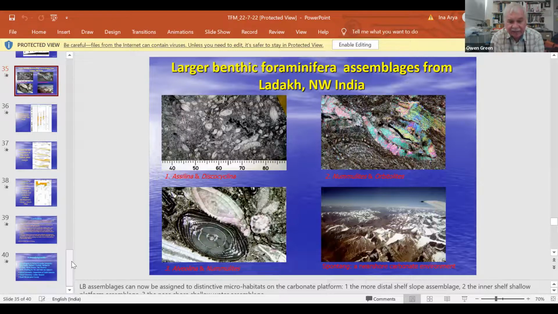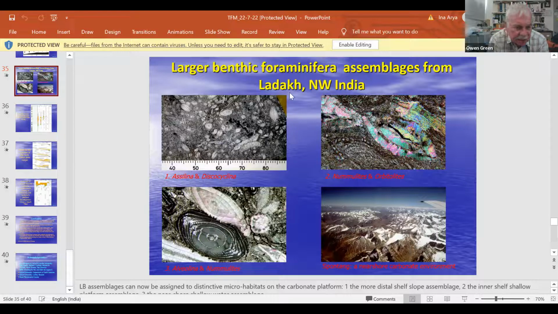So here I've just got, again, some very nice images of some of the assemblages that we've come across. The Assilina and Discocyclina, one of the more ancient assemblages, in the top there, then the Nummulites and Orbitolites, shallow water, and probably the shallowest water here, the alveolines and the Nummulites mixed together.